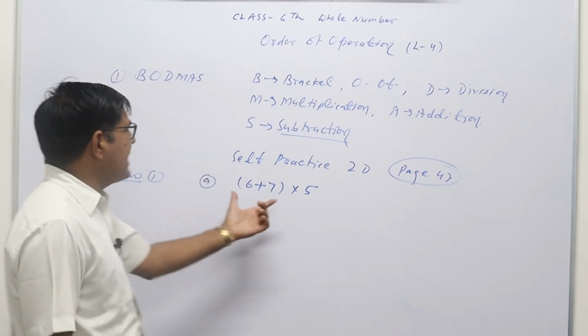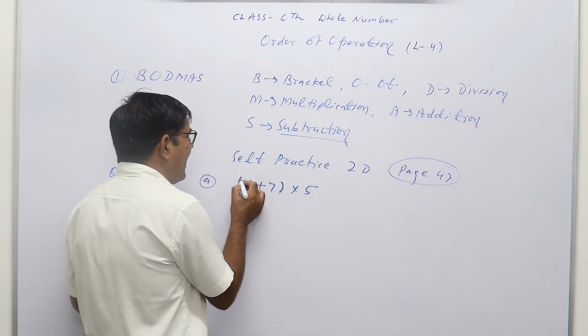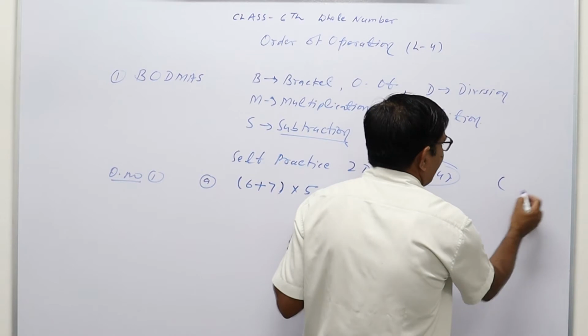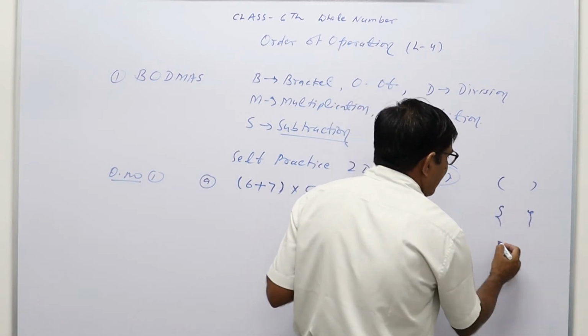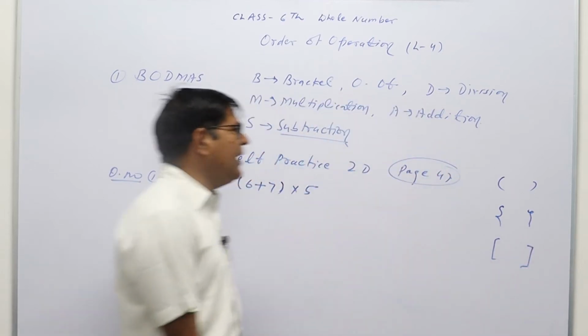So in this expression, one bracket is there. This is the small bracket. Curly bracket is written this type, and the square bracket is this type. So there are 3 brackets.